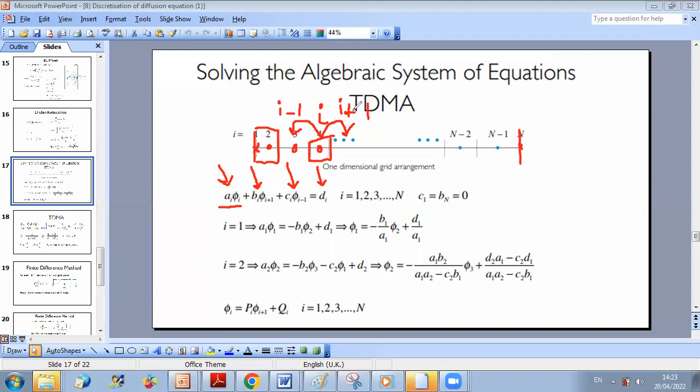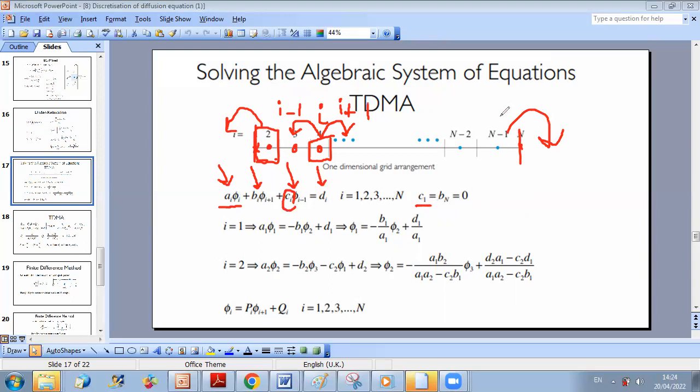And this is for any cell within your system. If you have two particular cells at the boundaries, at boundaries, you don't have I minus 1. For the first cell, you don't have one before it. And for the last cell, you don't have one after it. This is why we start by writing that for cell 1, I don't have phi I minus 1. This means that C1 is 0.